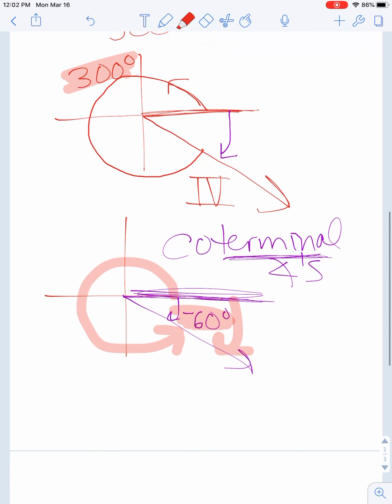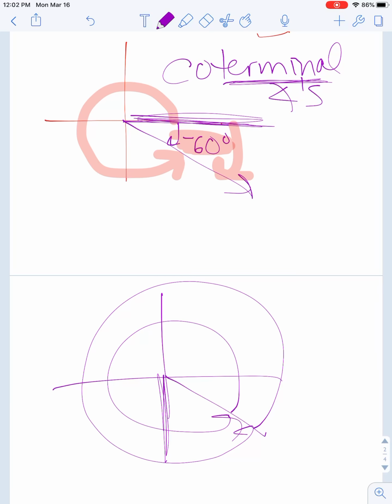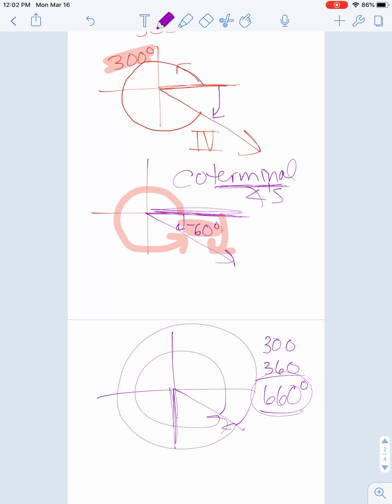Could I give another angle that is also coterminal with this? Well, what if I'm here and I go, so I'm at 300. What if I go around another 360? So 300 plus 360, oh my gosh, I can't add, 660 degrees. That would also be coterminal with these.